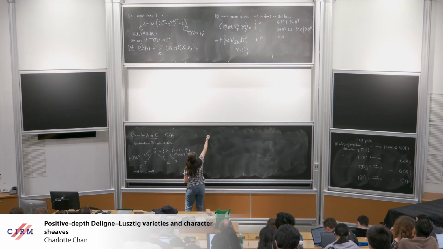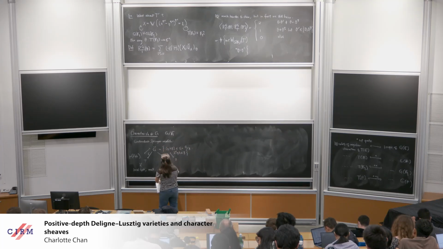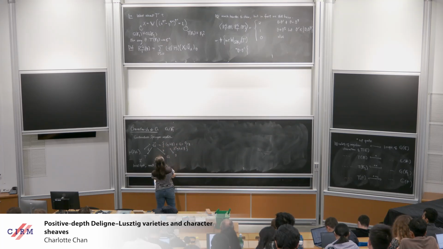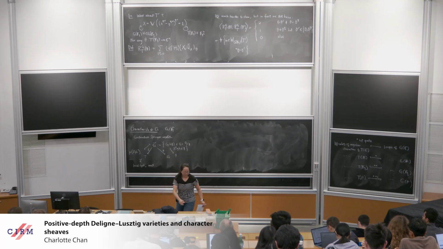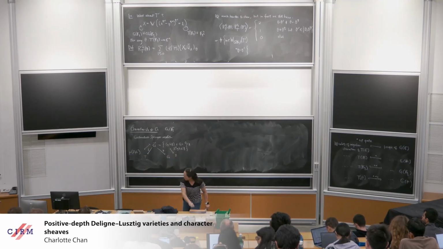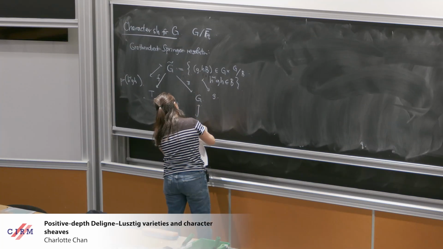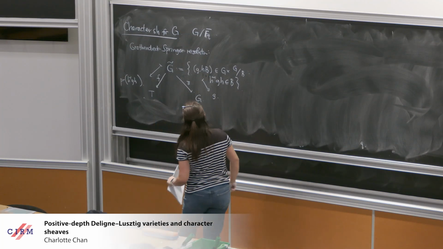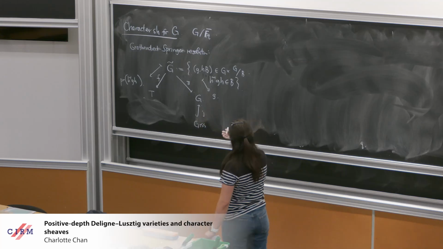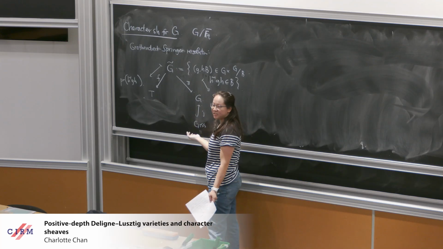So what I can do is I can consider inside here the regular semi-simple locus inside G. So in the setting of GL2, for example, all this means is that you take the matrices that have distinct eigenvalues.